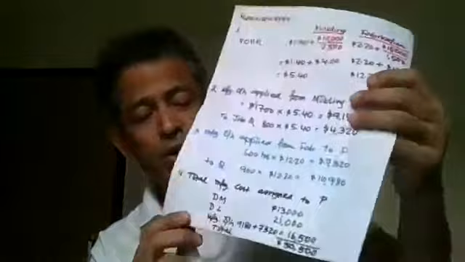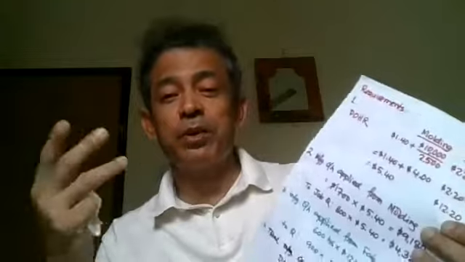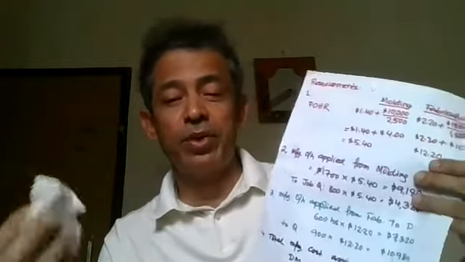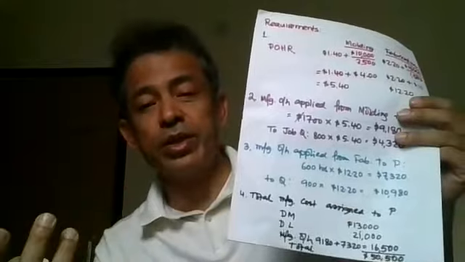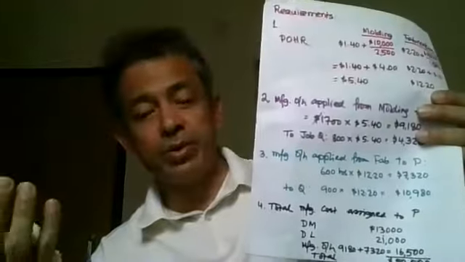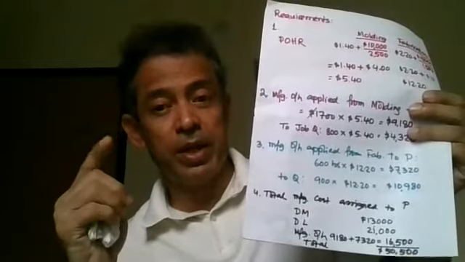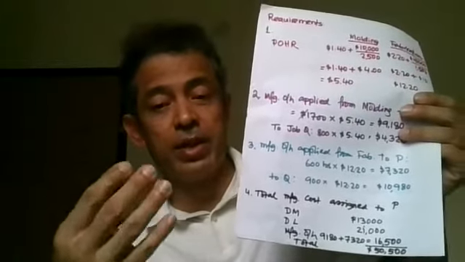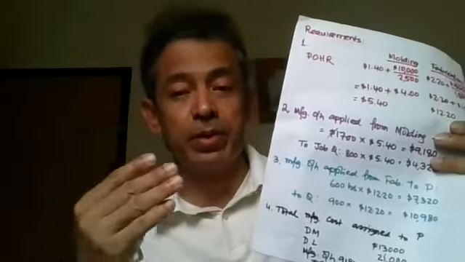All right, number 4, total manufacturing cost assigned to P. This means job P going through both the departments. Total manufacturing cost here, not manufacturing overhead. So we have to add material, which was $13,000, labor, which was $21,000, plus overhead assigned by both departments.